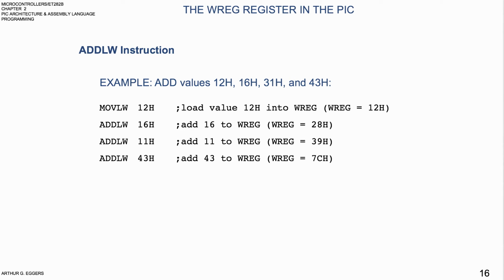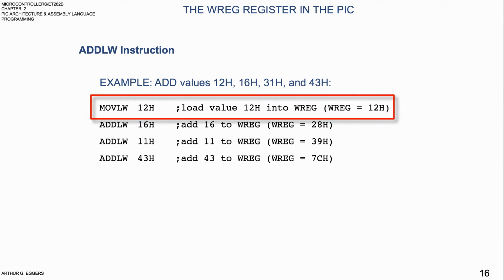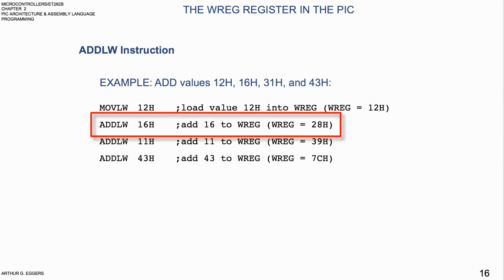So let's take a look at another quick example. We're going to add four values together and end up accumulating them in the working register. So we're going to first move 12 hex into the working register, and then we're going to add a literal 16 hex to that 12.